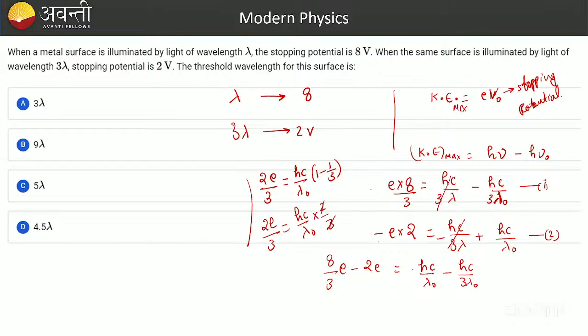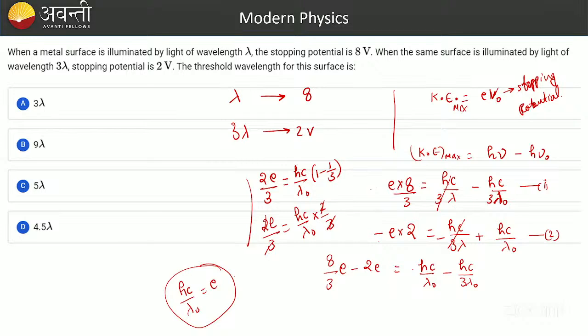This and this will cancel out, and hc upon lambda naught equals e. This is the result we are getting.